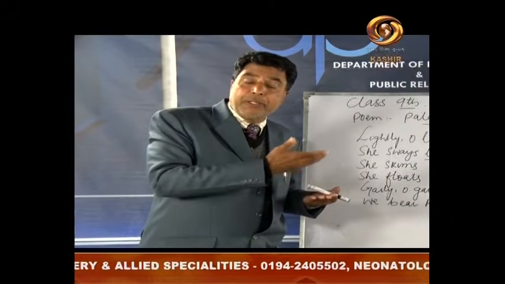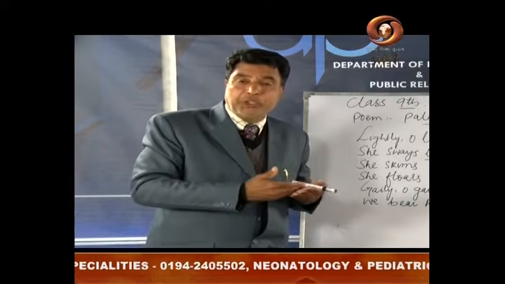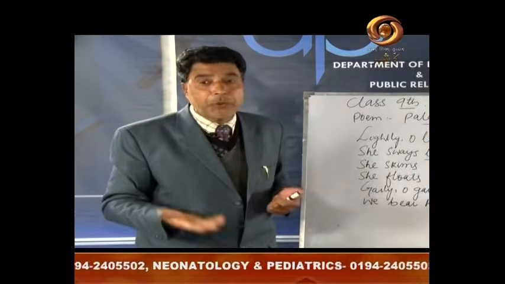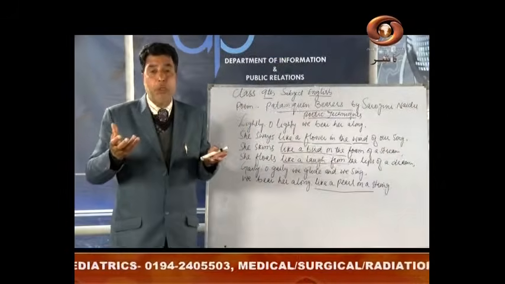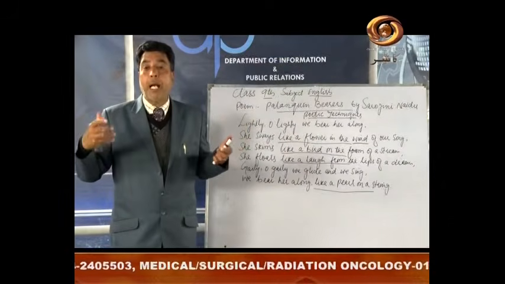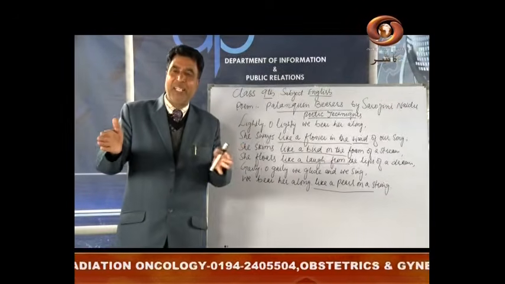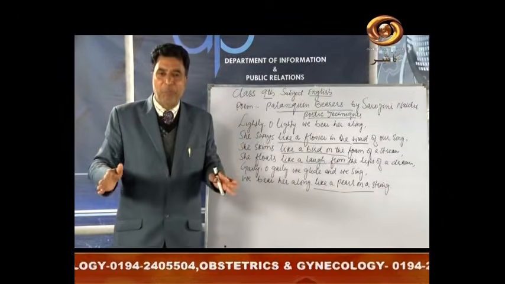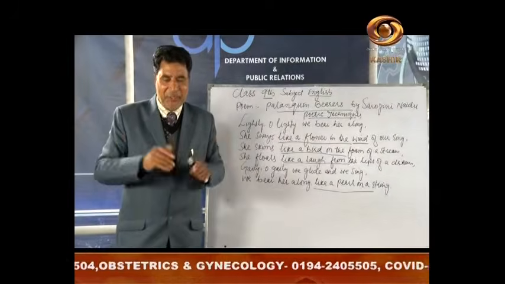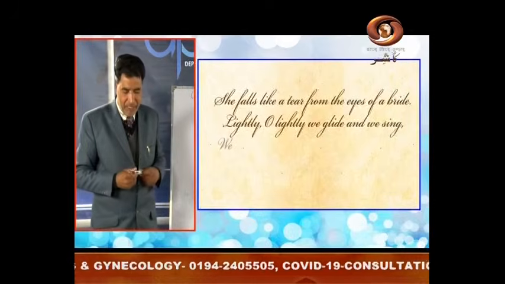Now this time the bride is full of emotions, and on the second side, if you think, an image comes to your mind about a bride who is weeping after she is leaving her parental home. Do you understand? Good. Now last stanza.